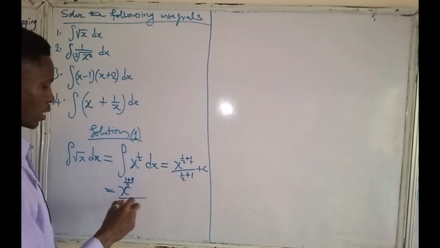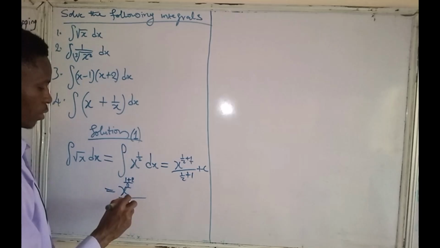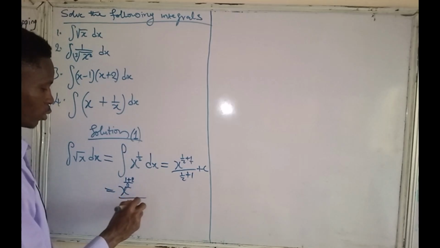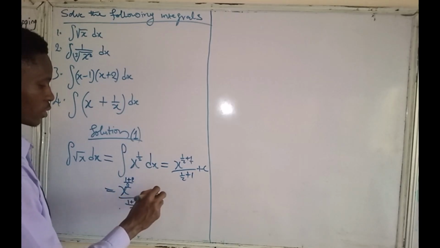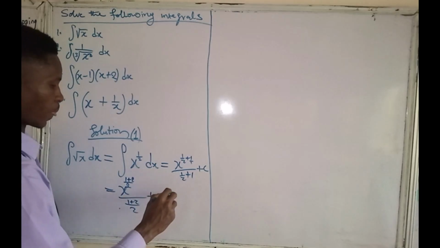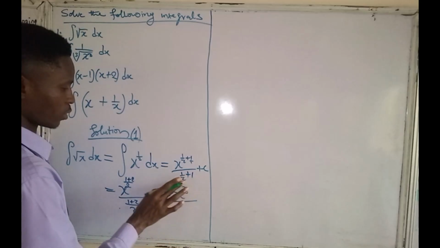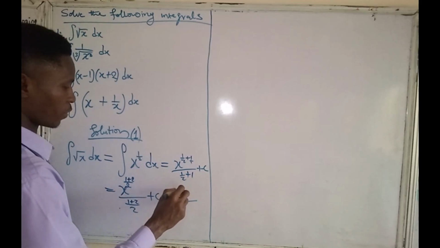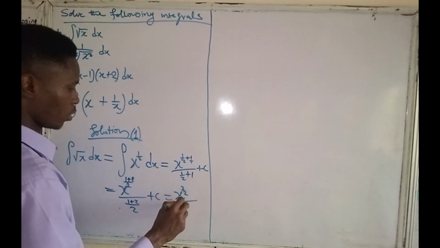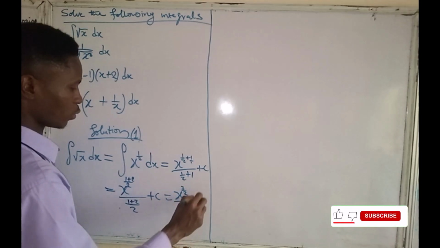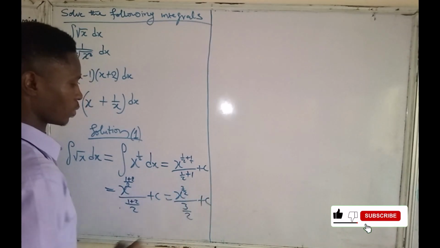Same thing happens here, we have 1 plus 2 over 2 plus c. So this should give us x raised to the power of 3 over 2, all over 3 over 2, plus c.